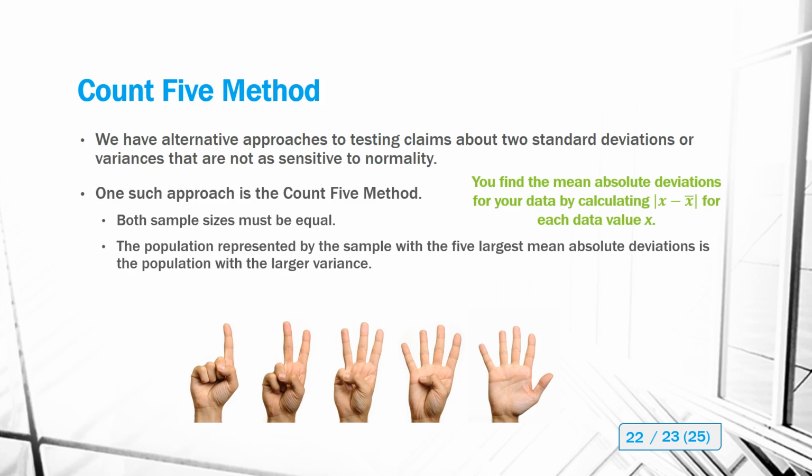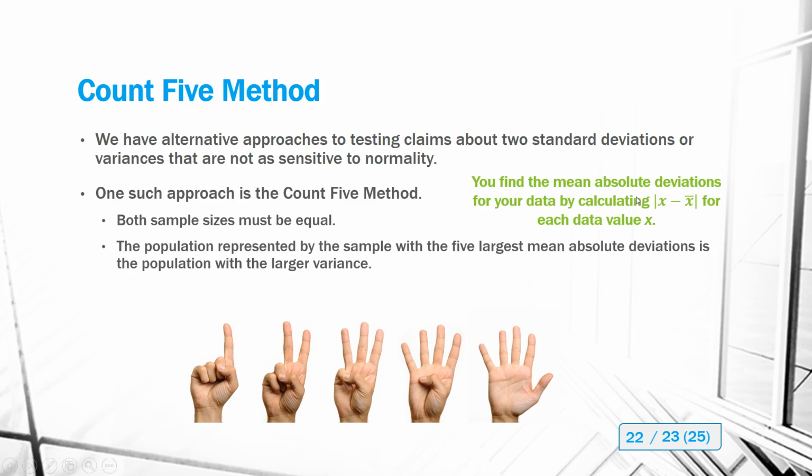Now, mean absolute deviation means you take the individual data value, subtract out the mean from that sample, then take the absolute value of that difference. That's the mean absolute deviation. You can do this for each of the data points in each data set. So this sample mean x bar is going to be different depending upon which sample you're working with.